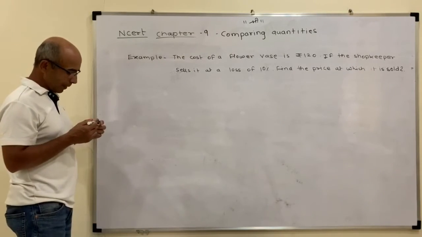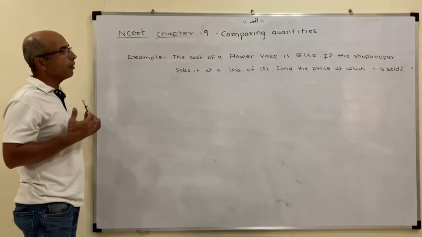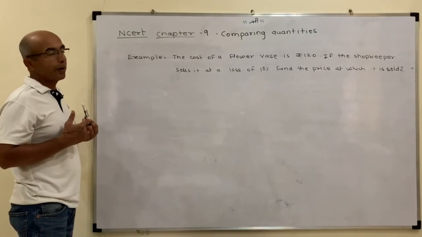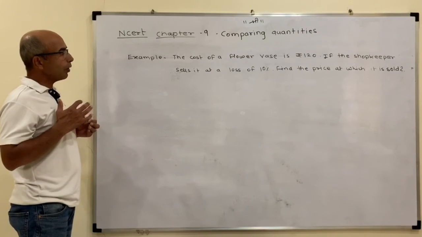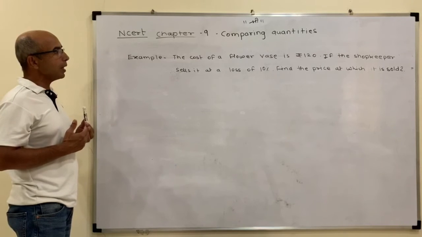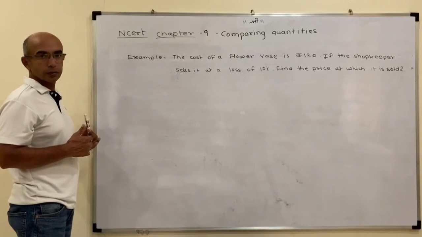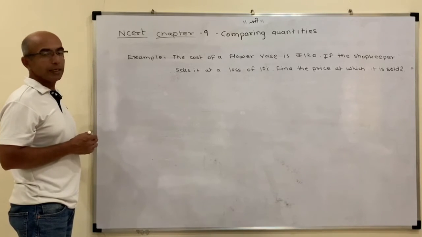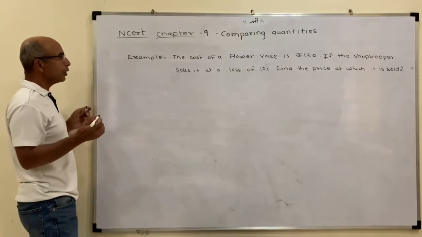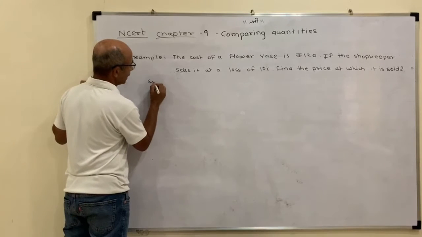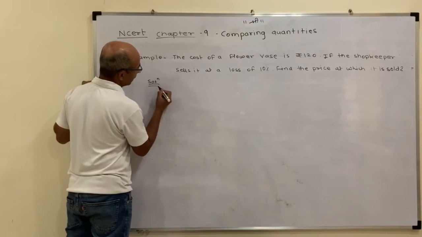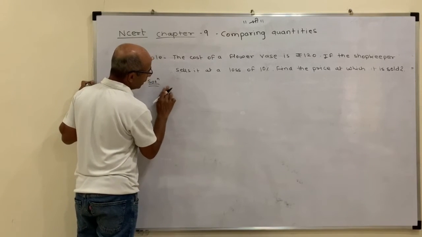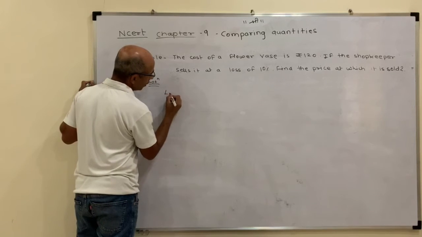See this example. The cost of a flower vase is 120 rupees. If the shopkeeper sells it at a loss of 10%, so he is making a loss, find the price at which it is sold. So first we need to find the loss.